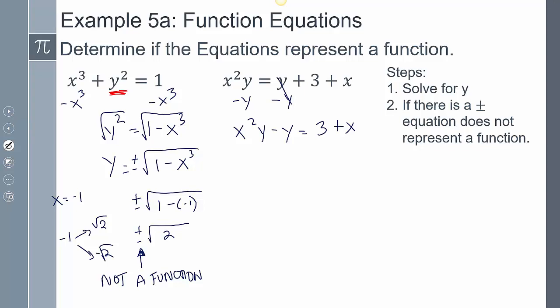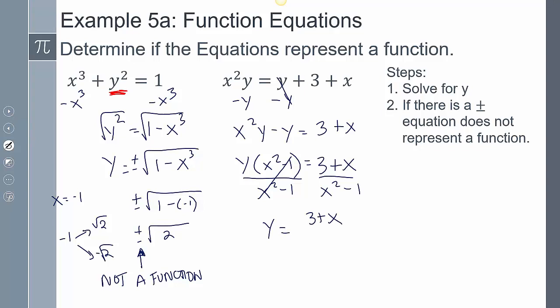So now I can factor out that y, and I'm going to be left with y times x squared minus 1 equals 3 plus x. And then to get y by itself, I'm going to divide both sides by x squared minus 1. And so then I'm going to get y equals 3 plus x over x squared minus 1.